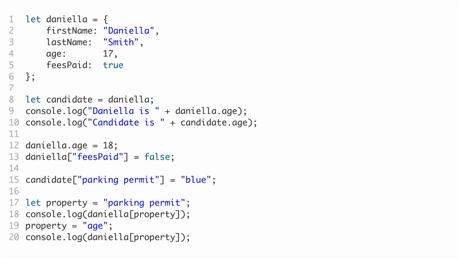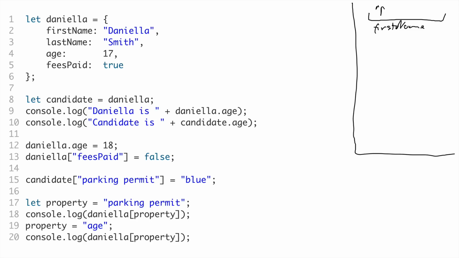So what is an object? Basically, an object is a collection of properties, or variables if you like. So I'm just going to draw something over here to represent my object with each of the properties described here. So I'm going to create one for first name. It's going to have a value Daniela.